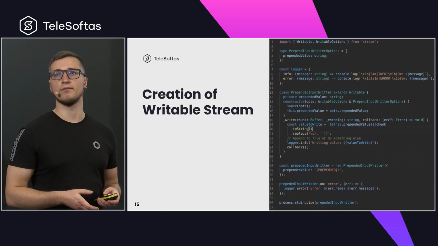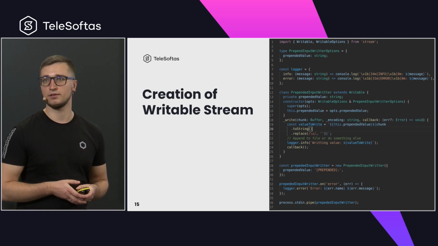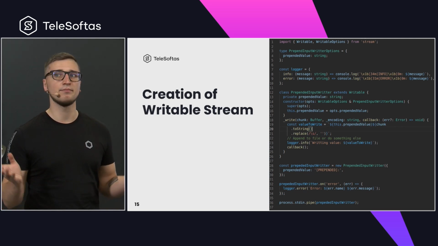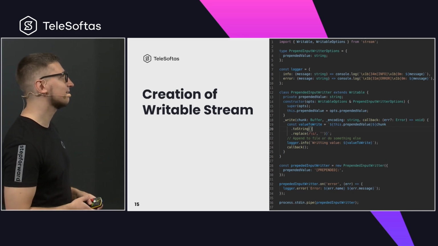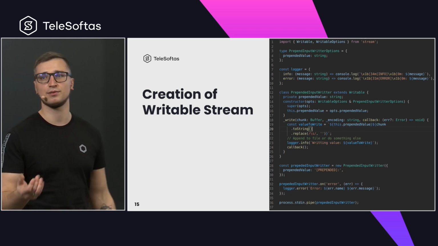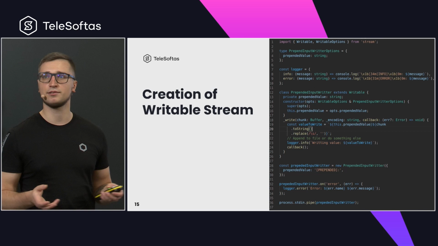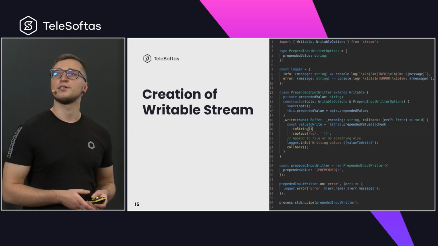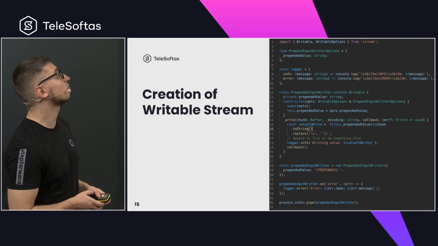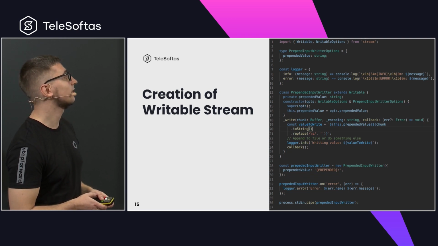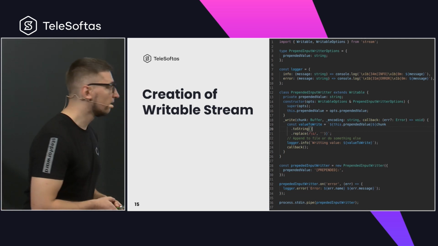Moving forward. Last but not least, writable stream. In the case of a writable stream, everything is the same. We've got a writable class. We have writable options in case we want to extend our stream with some extra fancy typing. In this case, I have made a type called prepend input writer options, and it expects a prepended value as a string.